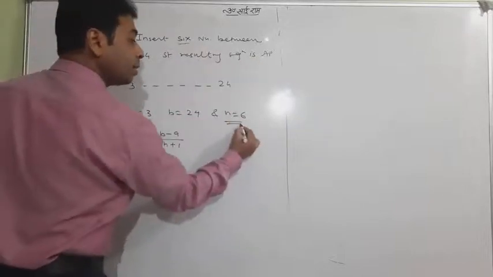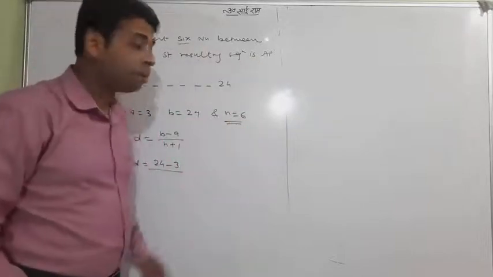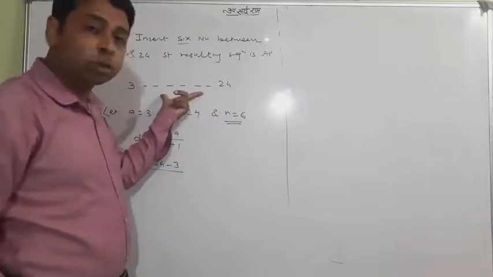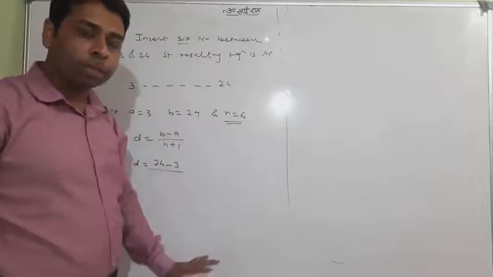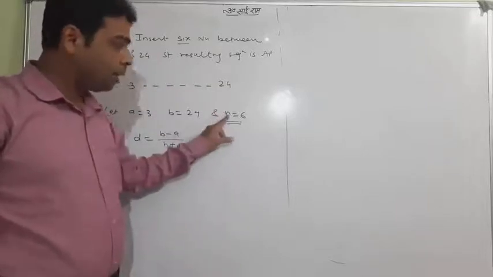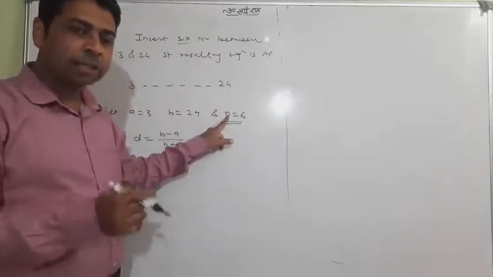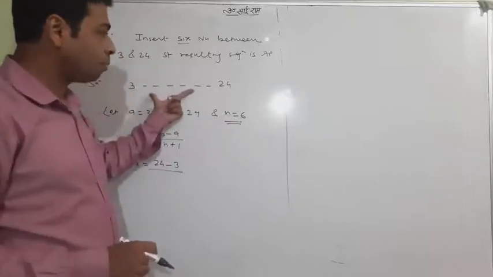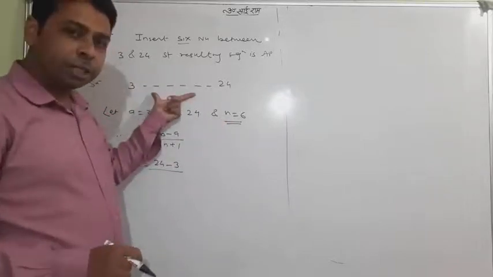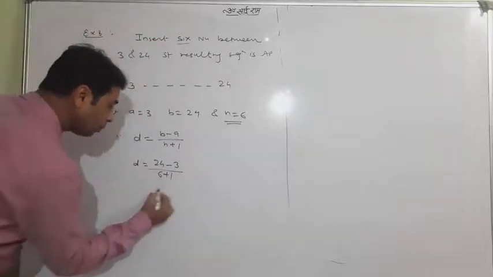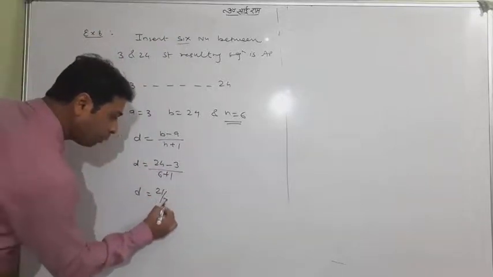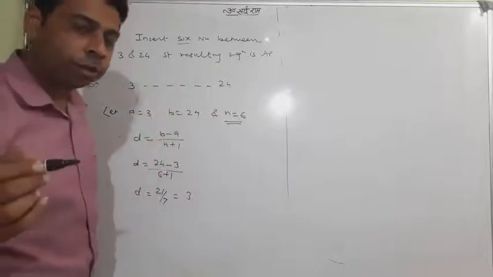Try to understand, sometimes students write 8. Please don't do this, because in this type of question N is given as the number of mean terms, which is 6. So N equal to 6, put here 6 plus 1: 21 upon 7, 3. You have got D equal to 3.